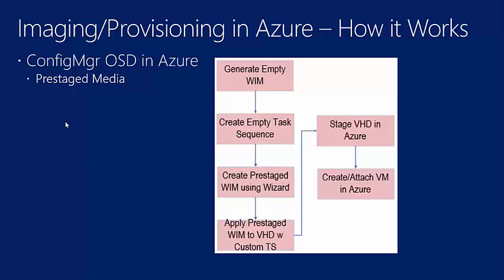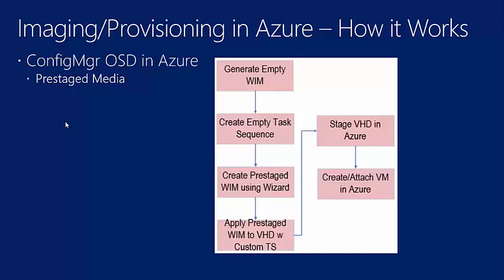Pre-staged media requires that you specify a WIM file that it can read and know that that's the image that's going to be applied during the pre-staging process. Essentially, pre-stage is going to get the hard drive ready so that certain content is already available. You don't have to take the time of downloading that content on the network, et cetera.